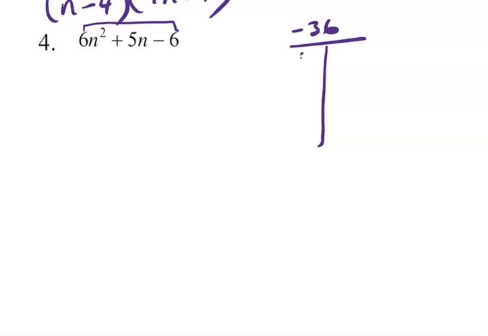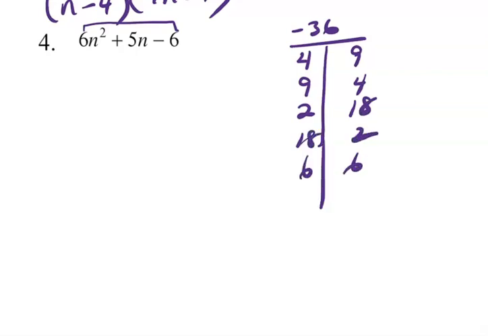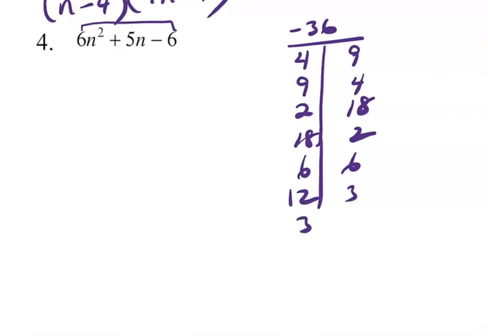So we have 4 and 9, 9 and 4, 2 and 18, 18 and 2, 6 and 6, 12 and 3, 3 and 12. And because it's a negative 36, one of them has to be negative, one has to be positive. Okay, so I'm going to go negative, positive, negative, positive, all the way down the line, just for fun.